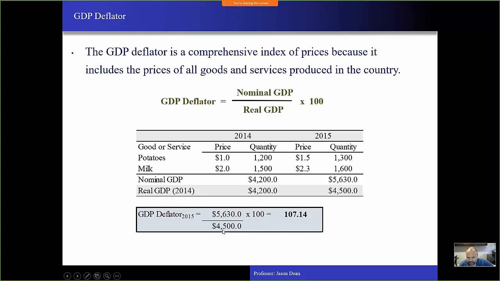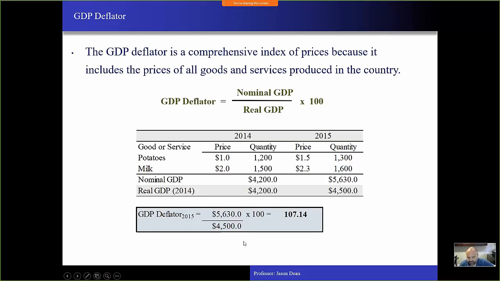So when we divide them and multiply it by 100, it gives us 107.14. So we can see how much prices have increased: it's 7.14%.